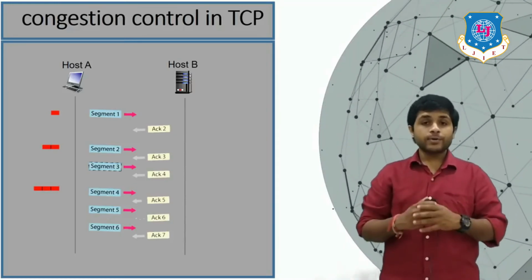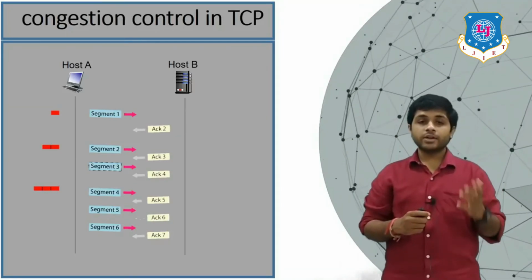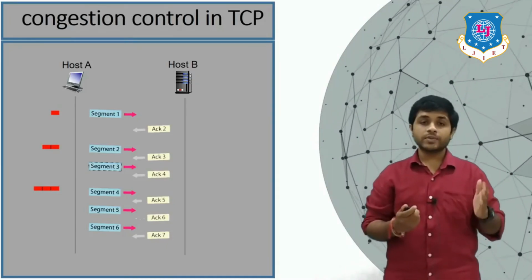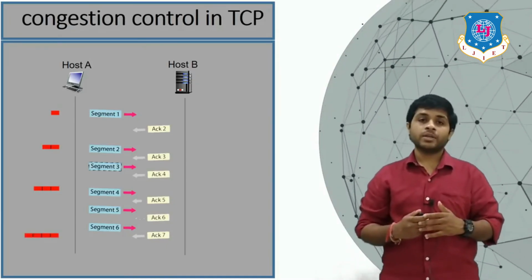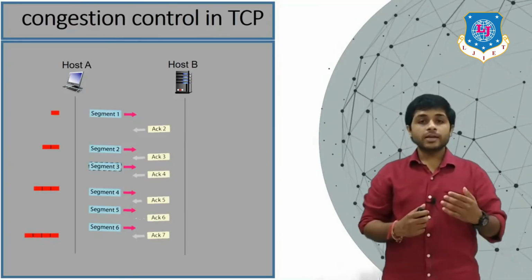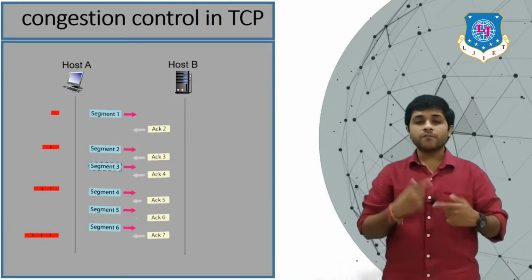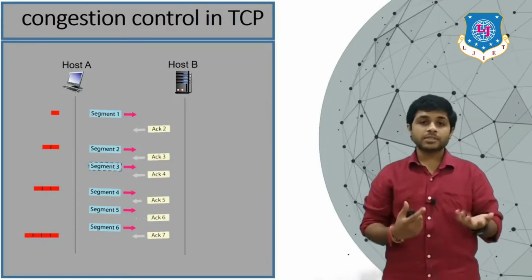If again acknowledgements are received in a particular amount of time, the sender will think that there is no congestion, so it will send more packets. This phase is known as the multiplicative increase. So the sender will keep increasing the number of packets sent per second.